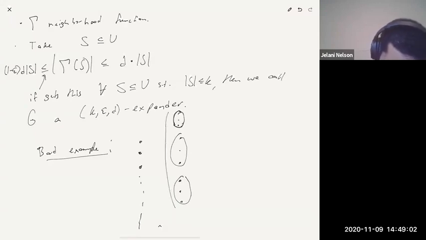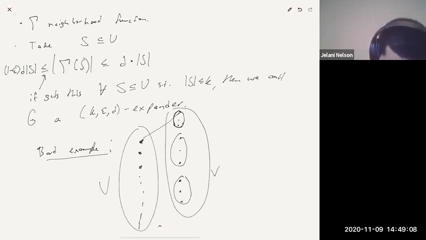So like this is all V, and this is U. And let's say this guy's connected here, here, and here. What I don't want to happen is I don't want this guy to also go to the same exact places. And maybe the next guy also does that.